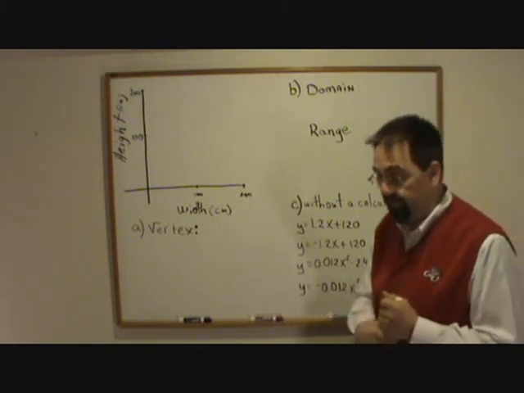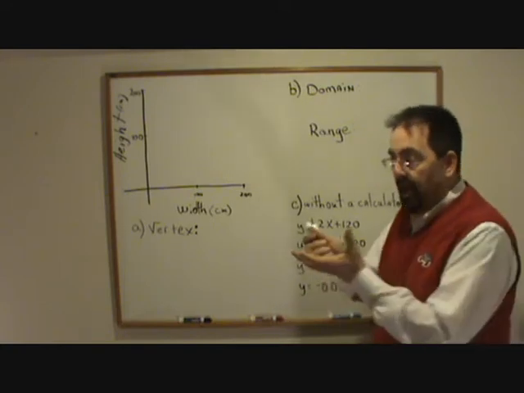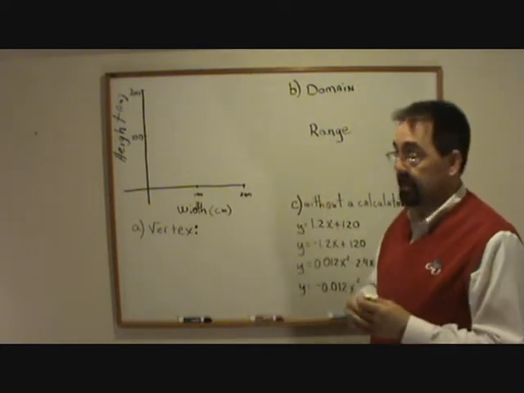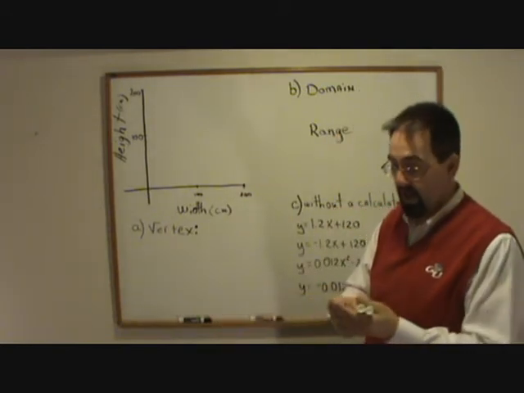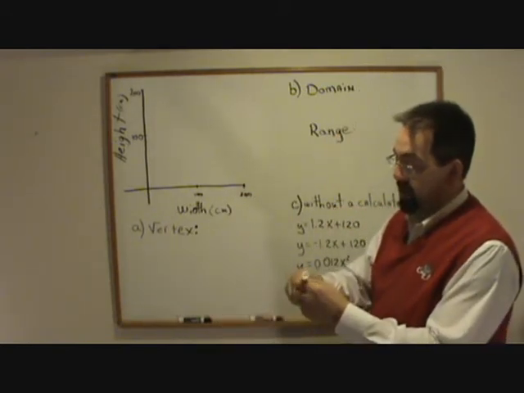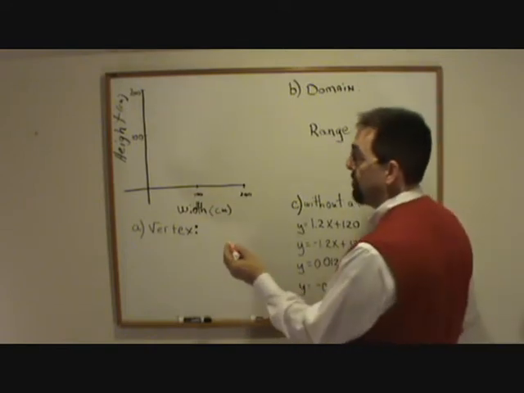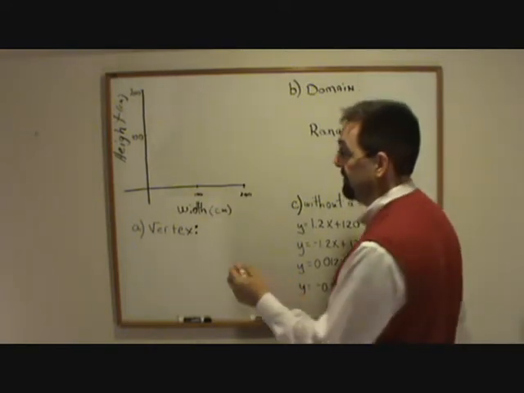So let's get started. We're talking about a satellite dish, and if you have printed off your sheet and tried it, I'm going to mark a couple of important points on the graph.